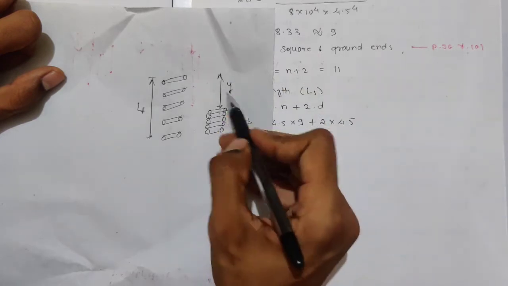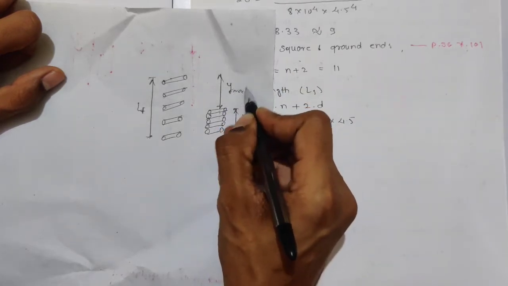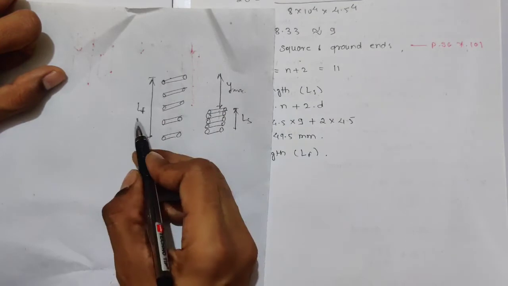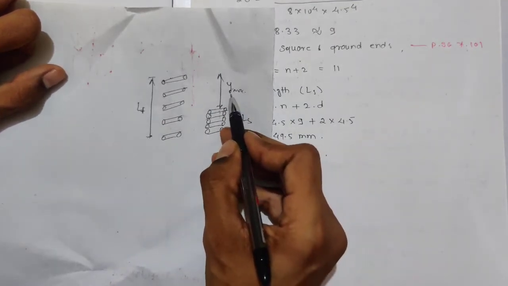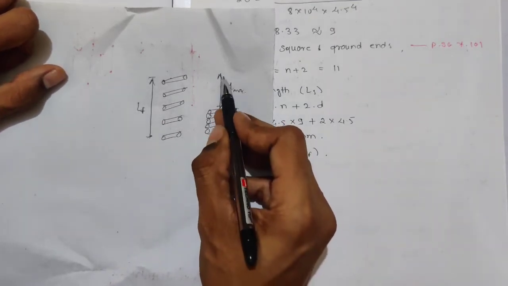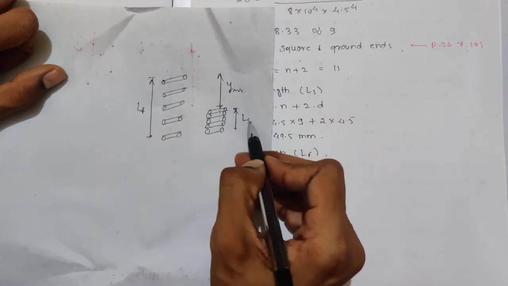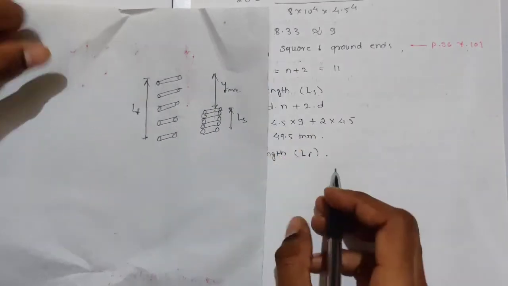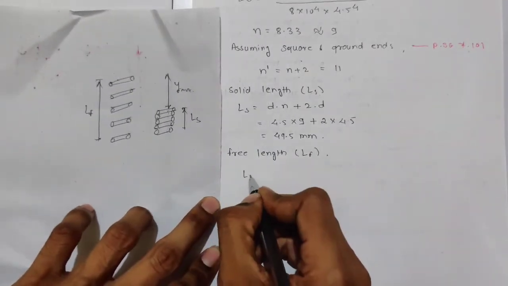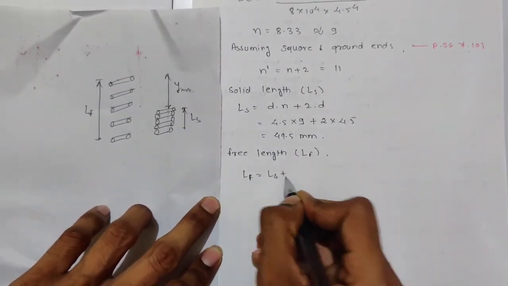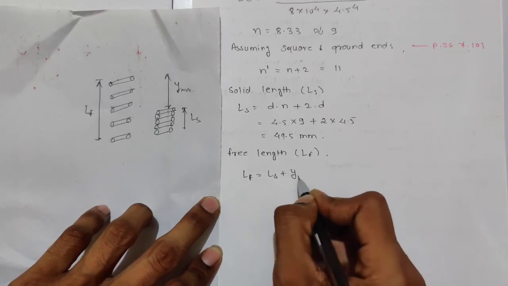So this will be the maximum displacement, y max. So LF will be ls plus maximum deflection. After maximum deflection, these coils will touch each other and we will get ls. So we can say that LF is equal to ls plus y max.